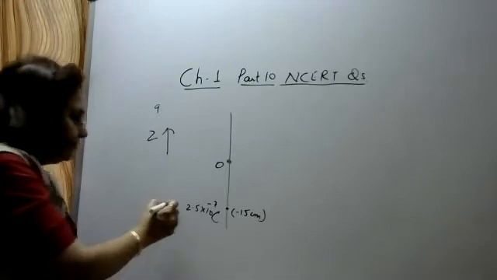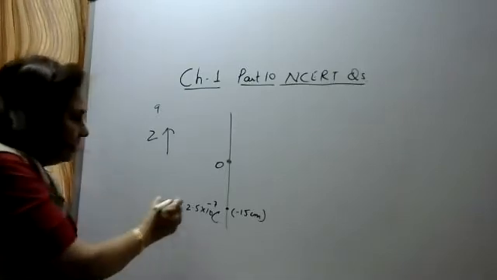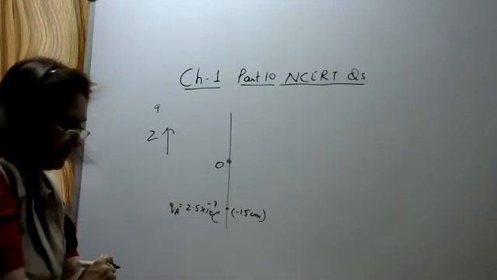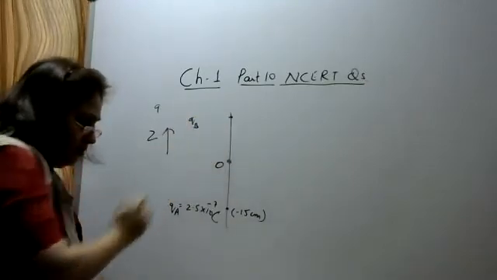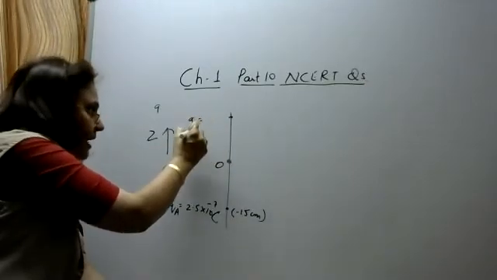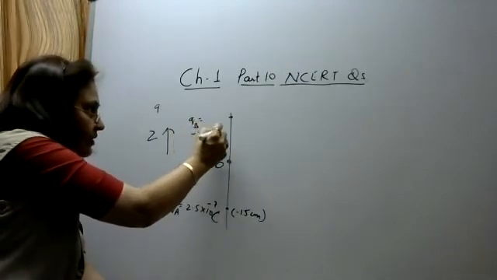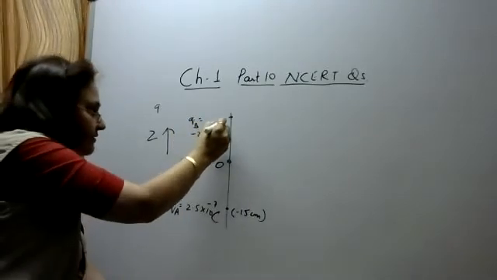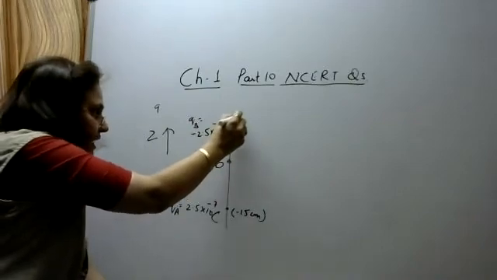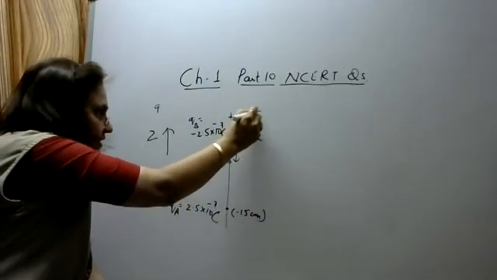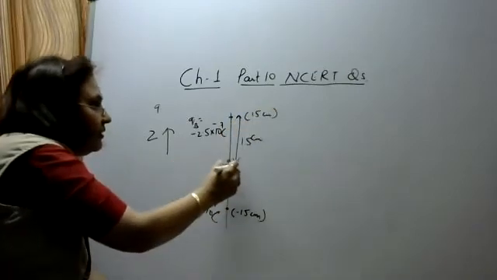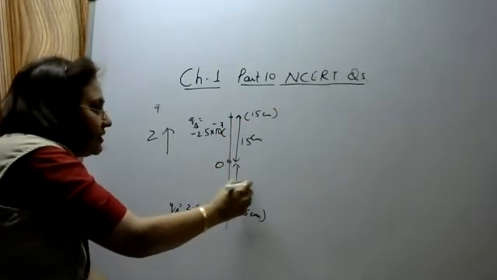And QB is at plus 15 centimeter, and its value is minus 2.5 into 10 raised to the power minus 7 coulomb, which is at plus 15 centimeter. That is, this is also 15 centimeter.